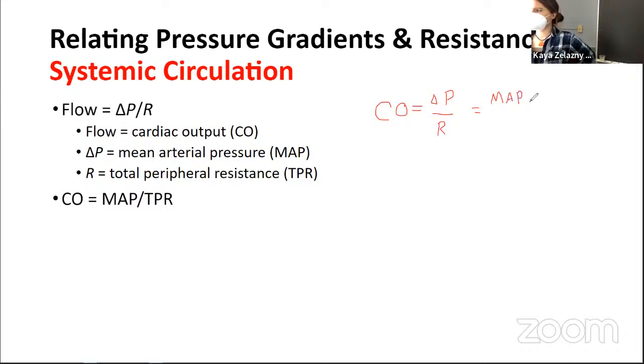We could put on the CVP there, but I'm going to write it and then I'm going to cross it out because it's 0. But just don't forget that you have veins. Okay. So MAP divided by resistance, specifically resistance in those arterioles throughout our system, which we measure as TPR. So that's how we got to that second equation at the bottom.